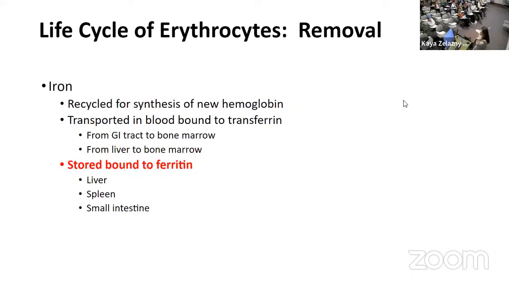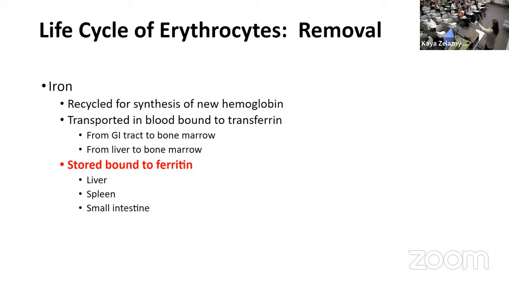All right. So when we talk about the iron, most of it we're going to want to keep, right? We don't want to just get rid of all your iron, excrete it out. We actually want to recycle it so that you don't have to constantly be eating little bits of metal, right? So you're going to recycle that iron for synthesis of new hemoglobin, which means that we're going to have to transport that iron around in your blood as well.